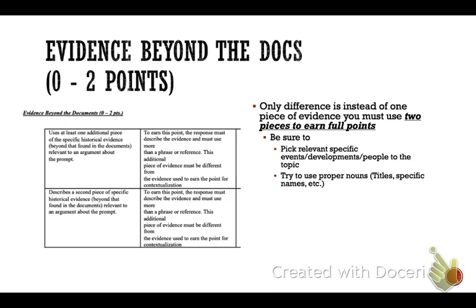Specific names, specific titles, specific events, right? Things that have to be capitalized are usually the strongest pieces of evidence we can use. However, we're not just dropping in the reference. We need to fully describe what occurred in that event, in that development, or what that person did with some accurate details.